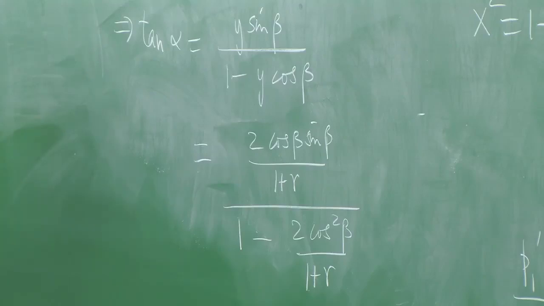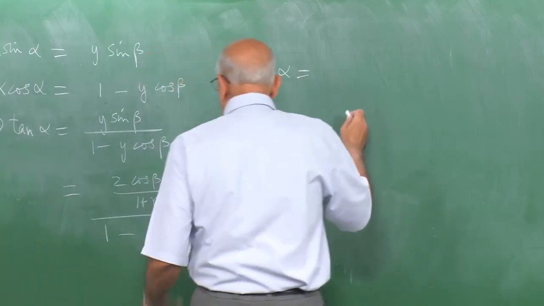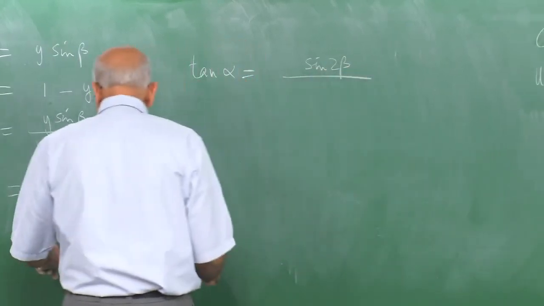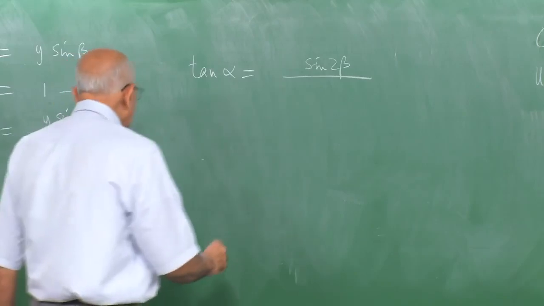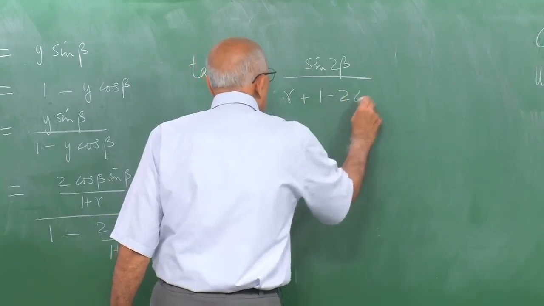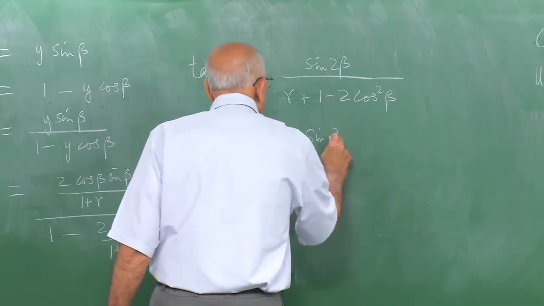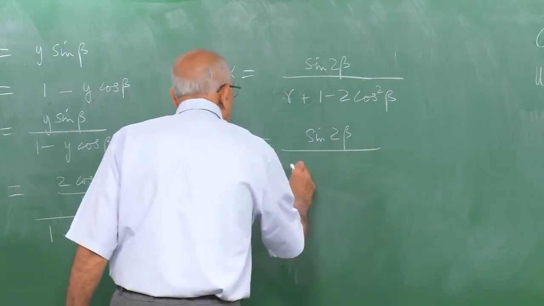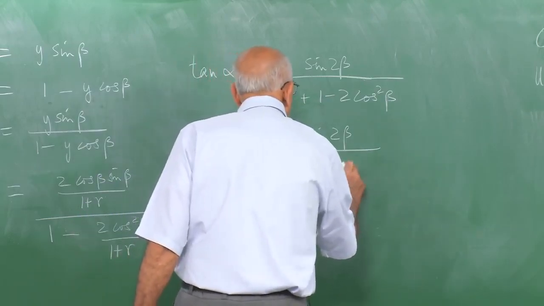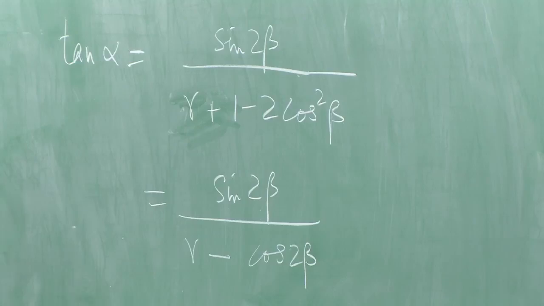So, therefore, tan alpha is equal to 2 cos beta sine beta, which is sine 2 beta, divided by 1 plus r minus 2 cos squared beta. So, it is r plus 1 minus 2 cos squared beta. This is equal to sine 2 beta over r minus cos 2 beta. So, that is the solution.